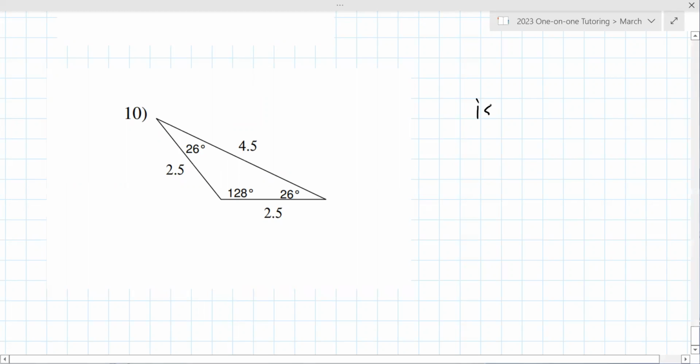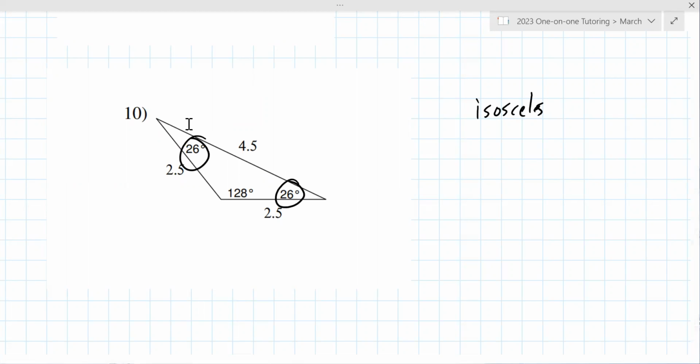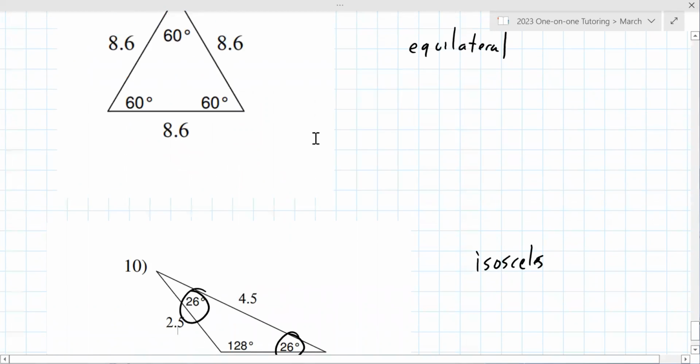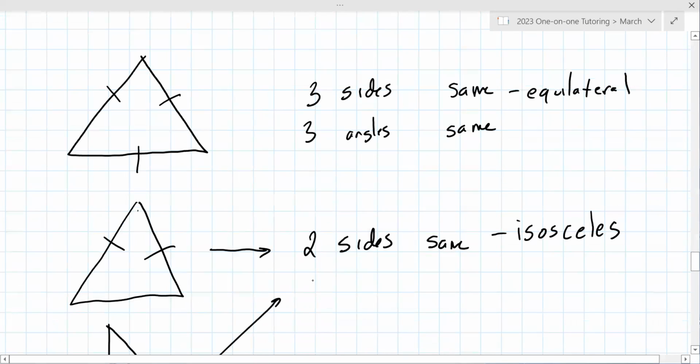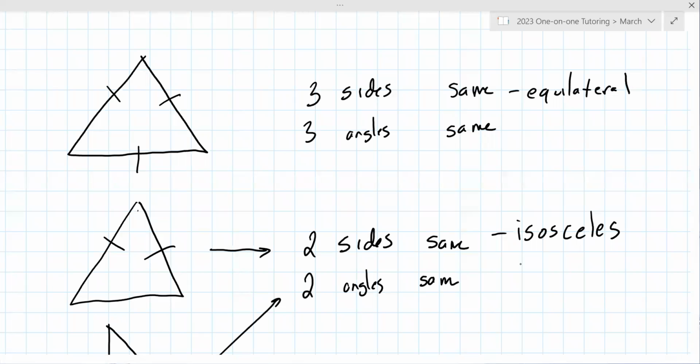It is isosceles. I agree. What do you notice about the two angles? Only two are the same. So not only in an isosceles are two sides the same, two angles are the same.